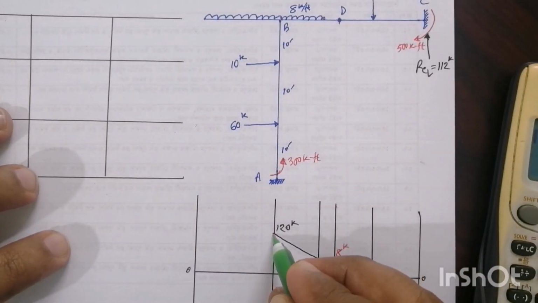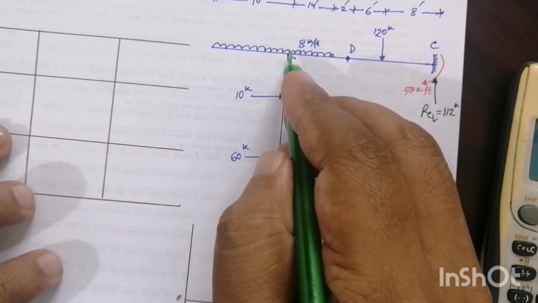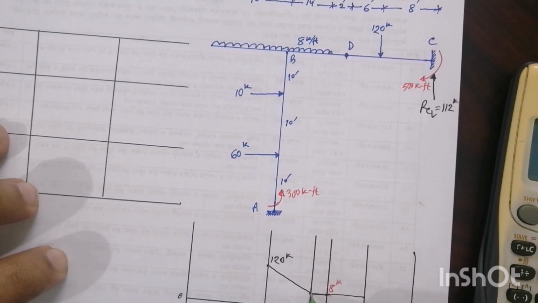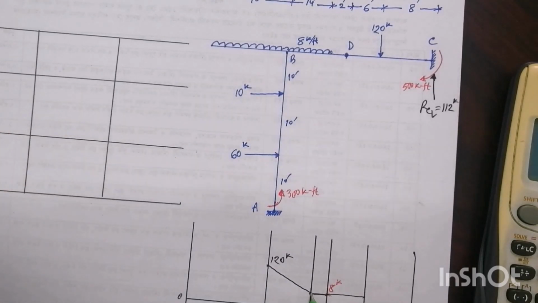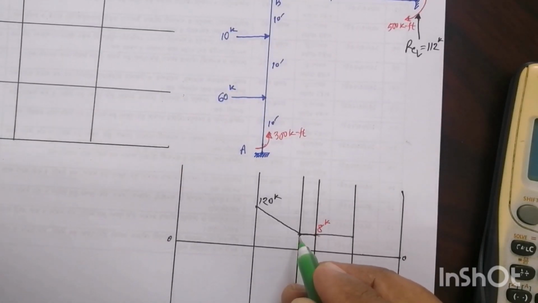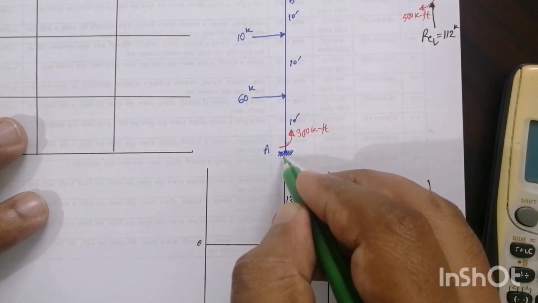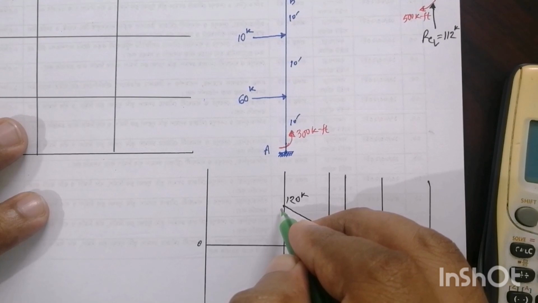The system is actually here 120 kip, then this downward force 8 into 14, 112, makes it 8 kip at this point. So now we have to calculate this reaction.